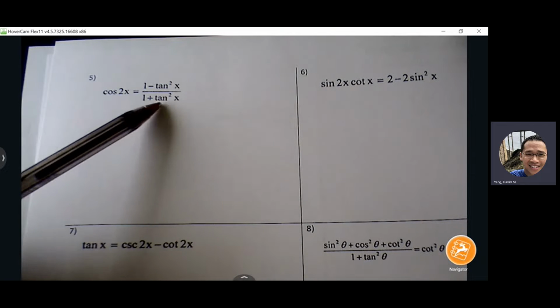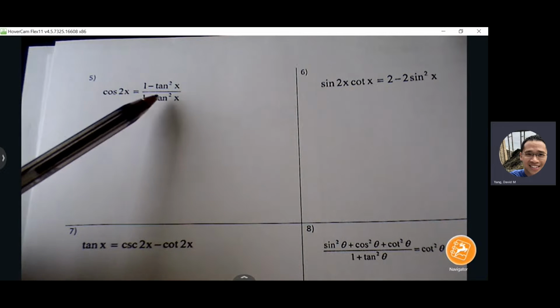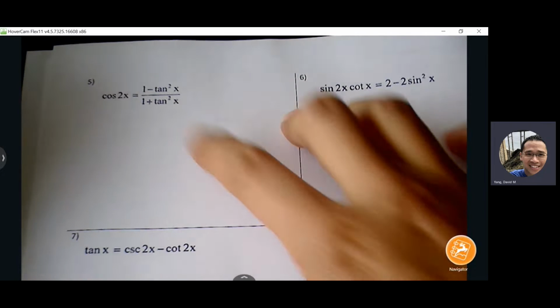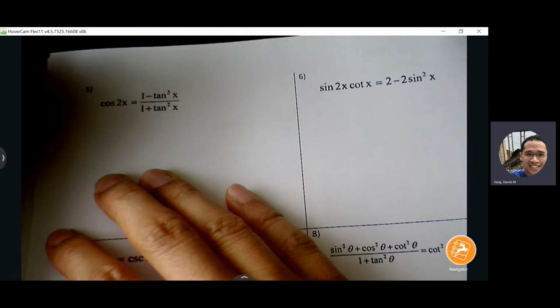So number 5, I'm going to choose to start on the right side here. It's easier to start with the more complex side and try to simplify it.